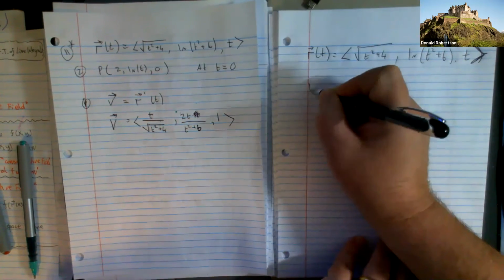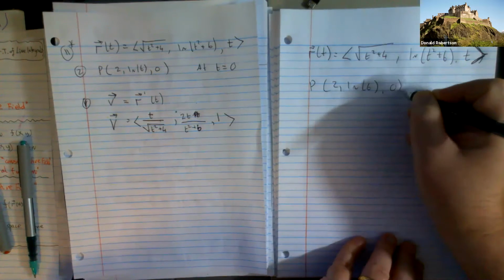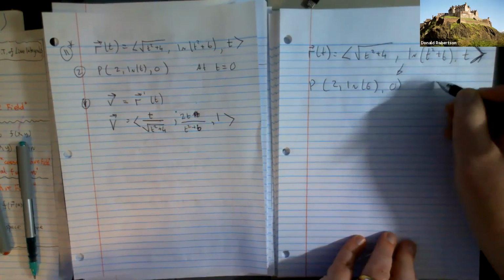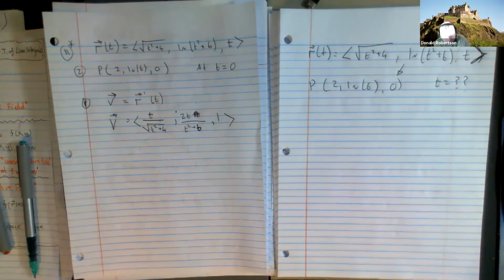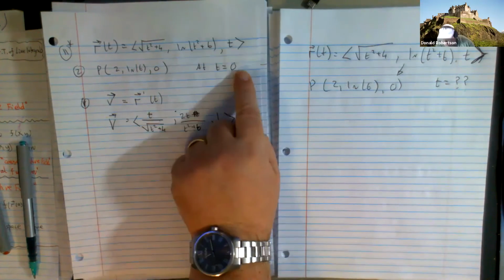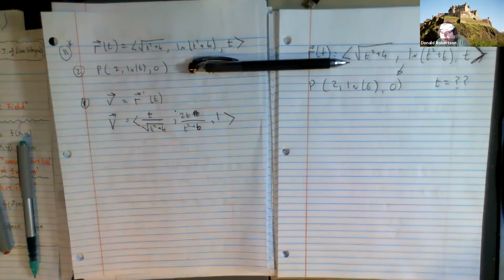And they told you the point. Won't I need to find out who the missing t is? Now, you already know it's 0 because I told you, right? But pretend I didn't tell you. How would you find out that it was 0?